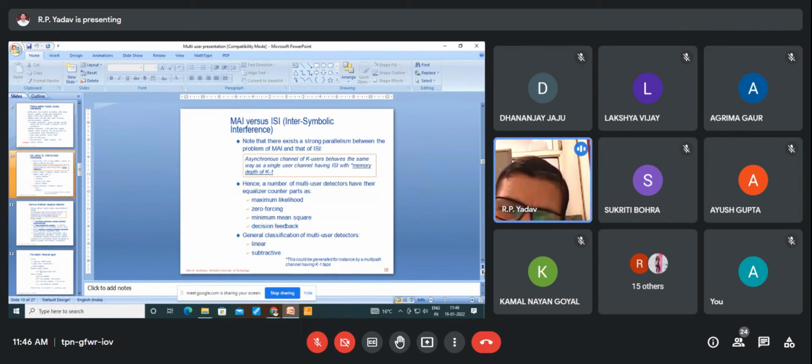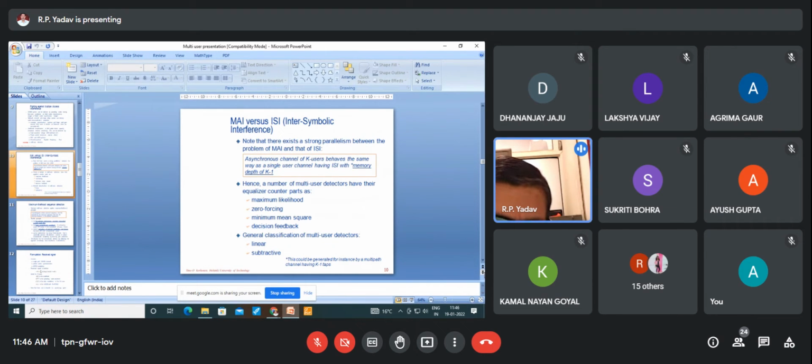If you have the same kind of system response for k users, a single user is suffering from ISI with memory depth of k minus 1, which defines the order of this ISI.